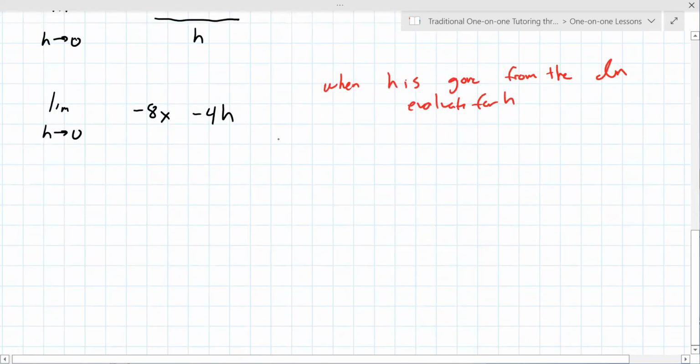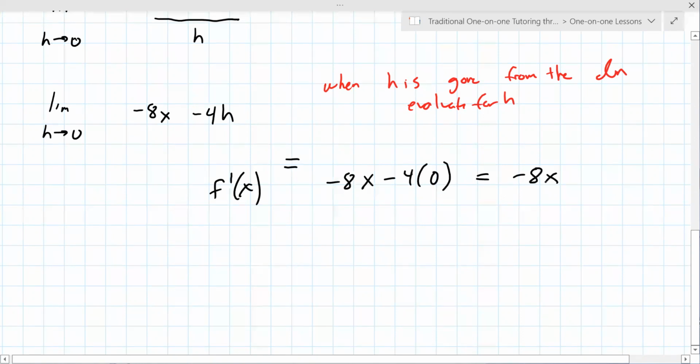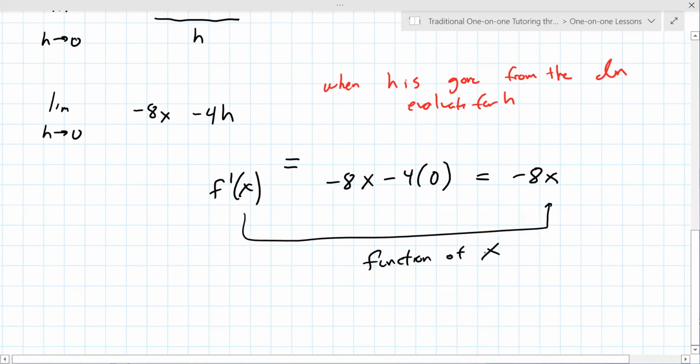So you can literally go equals, and this is now f prime of x equals minus 8 times x minus 4 times 0, which is minus 8x. So it should be a function of x, your derivative.